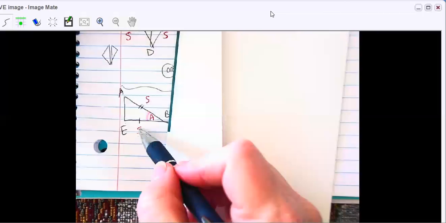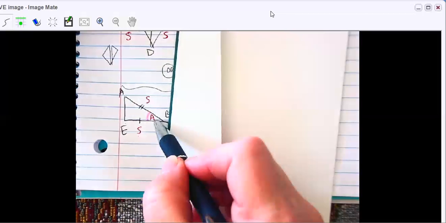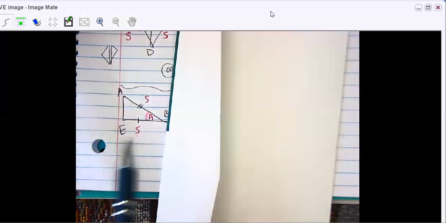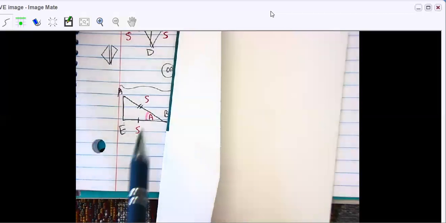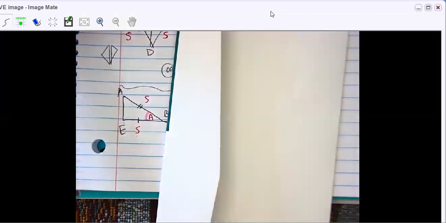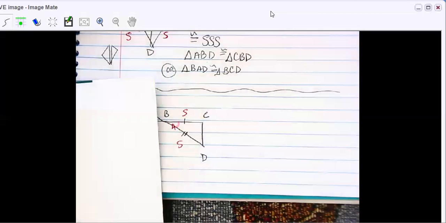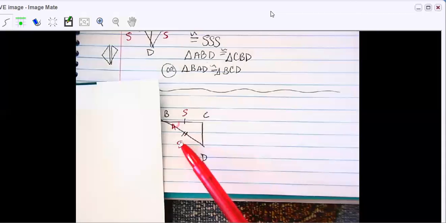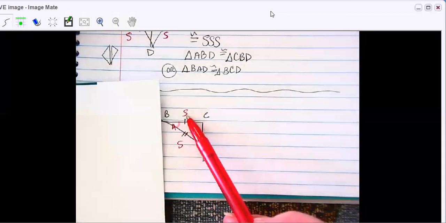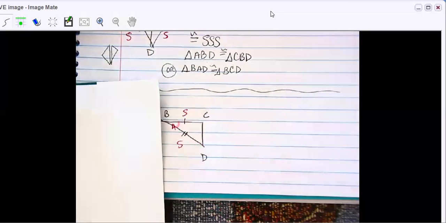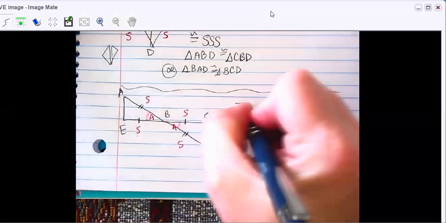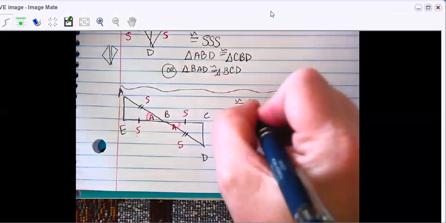So here's the side, the very next angle possible, and the very next side possible. It wouldn't make as much sense to go to the left as it would to the right, because I would go SAS. And then I would see, does that work on the other triangle? Well, yes, it does. I could start at the bottom, but this time I'm going to go left because it makes sense. So I would go SAS, or I could start at the top and go to the left. I'd go SAS. So that would be the reason for congruency: congruent by side, angle, side.